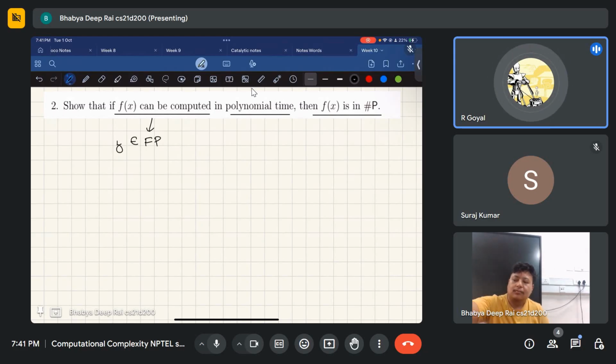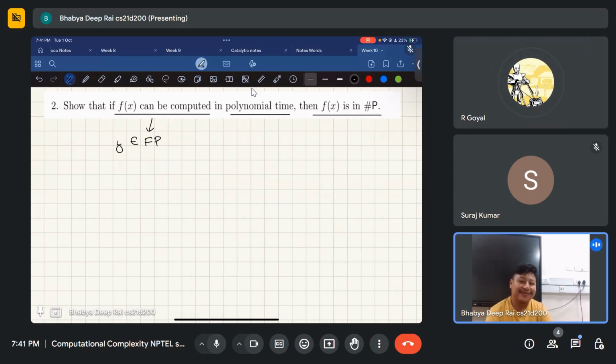And now the meaning of sharp P would be that I have a machine which runs deterministically in polynomial time, and I can count the number of certificates in polynomial time. Why can I count the number of certificates in polynomial time? It should be non-deterministic polynomial.